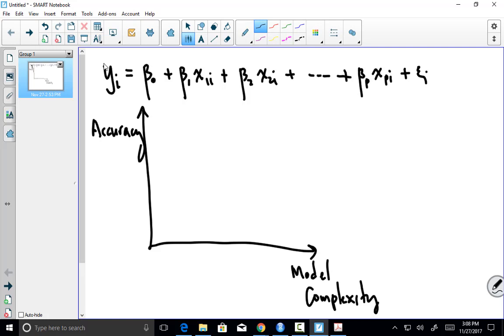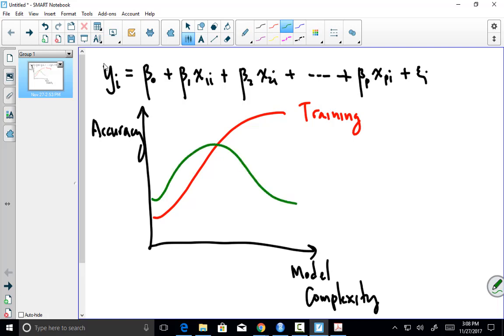The more complex a model is, the more sophisticated, the more wiggly, nonlinear it is, the higher the accuracy on training data. But remember that there's the potential that beyond a certain point, more and more model complexity will result in less accuracy in the general population, what we call the test error.